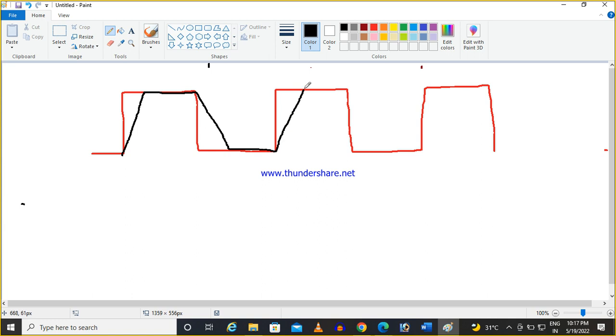Similarly it is like this and like this. So the complementary, the bottom switch, gets on only in this instant, and it is off like this, and so on.